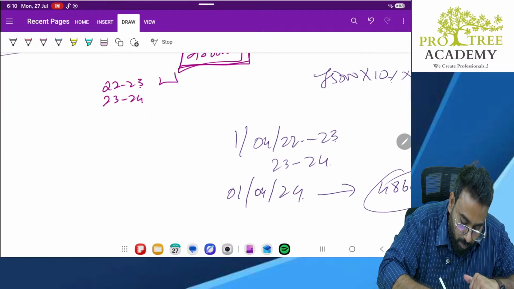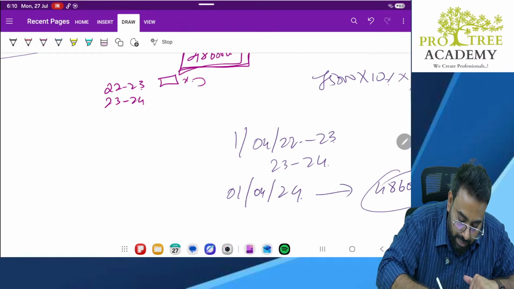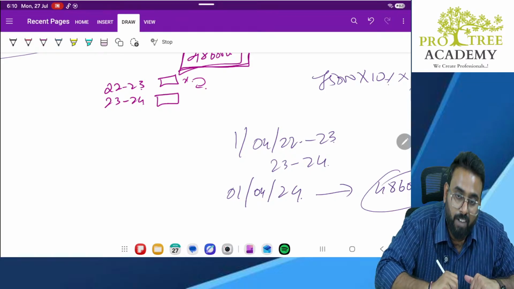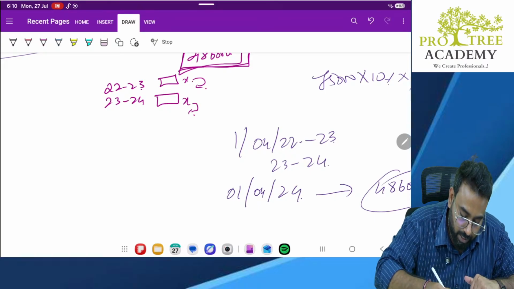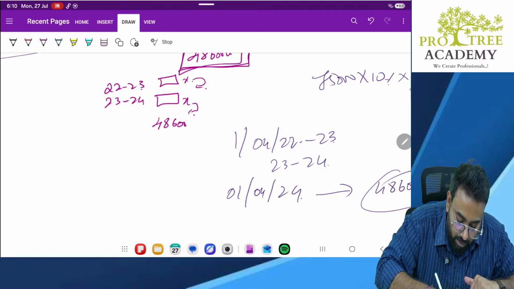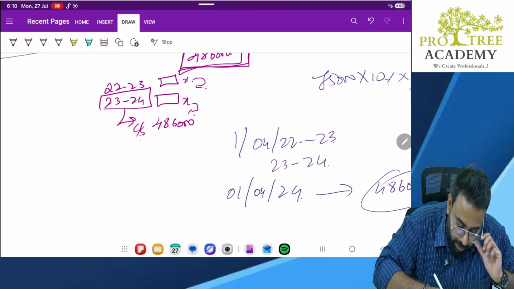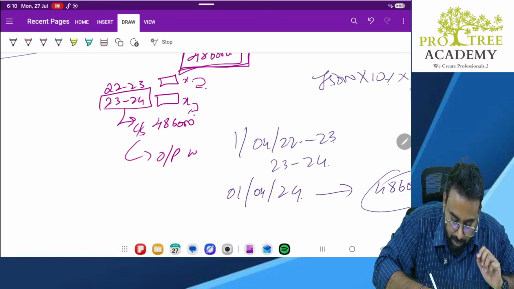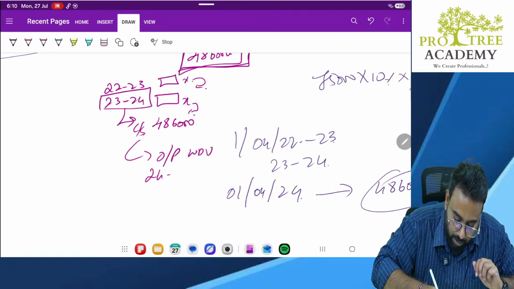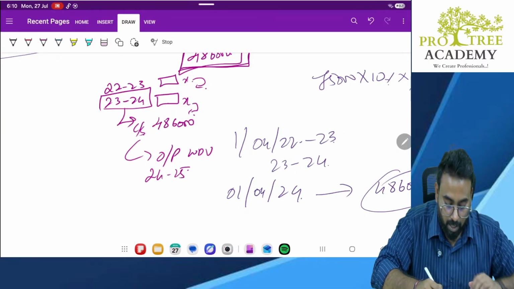So here there was one value, on that we charged depreciation, again we got one value, on that again we charged the depreciation, and thereon we got a closing WDV of 23-24, which will automatically become our opening WDV for 24-25, right?